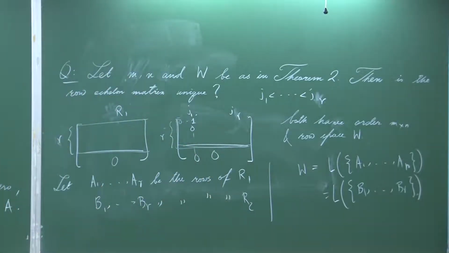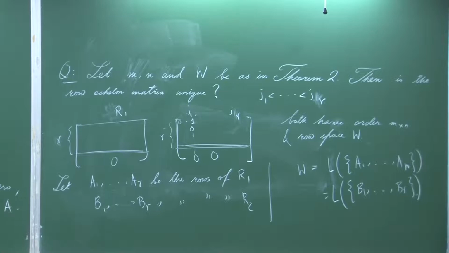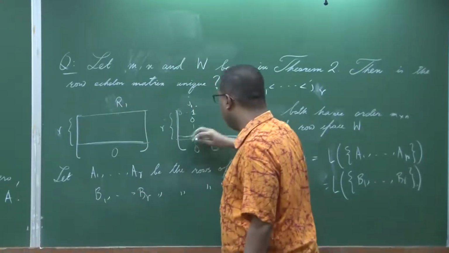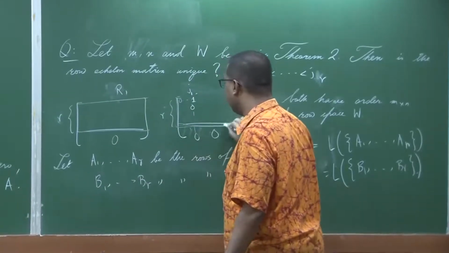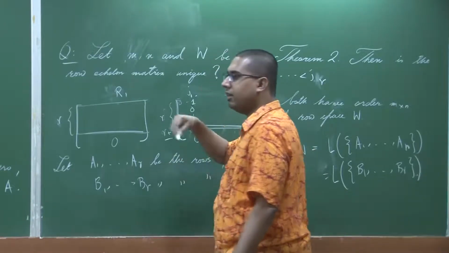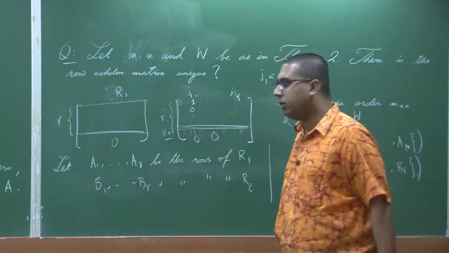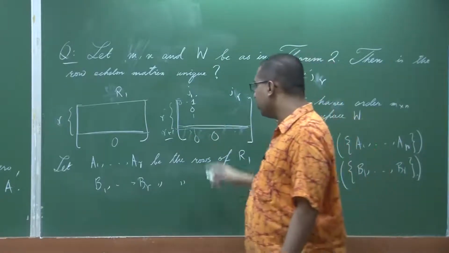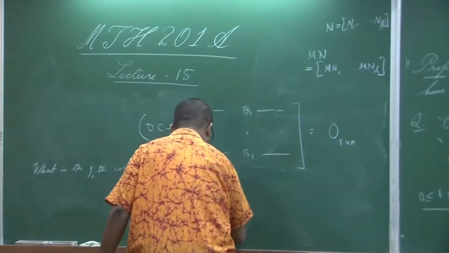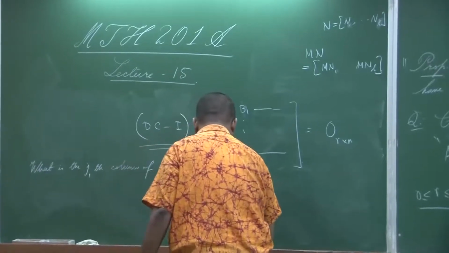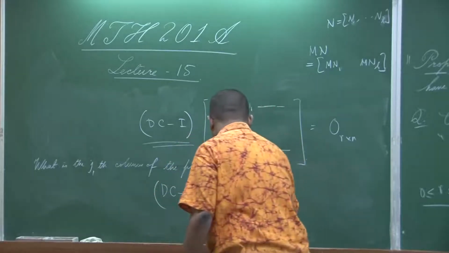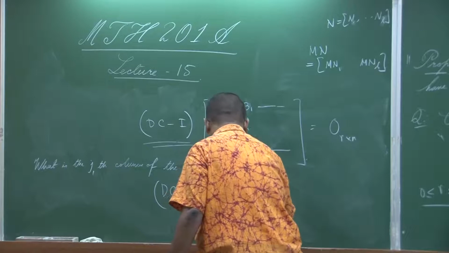So the J1 column is 1 on the top and 0 everywhere else, but we deleted the zeros which appear towards the bottom, further below the R1 plus 1 stage. So basically this is the column vector 1, 0, 0, 0, 0.